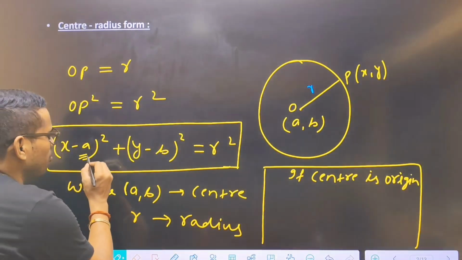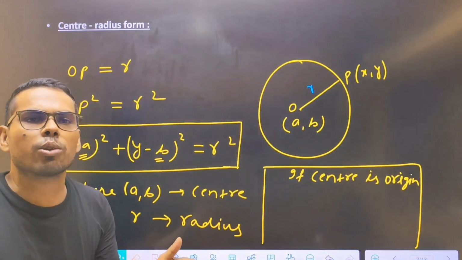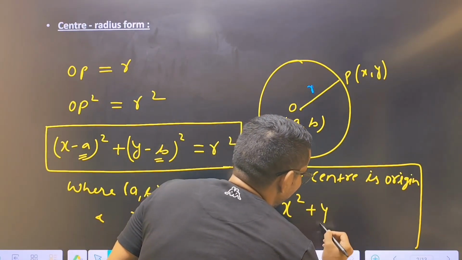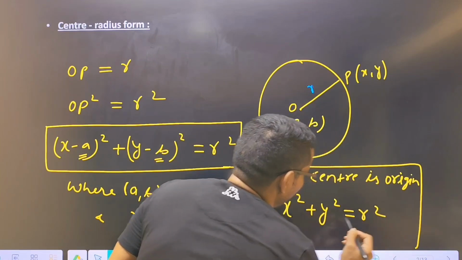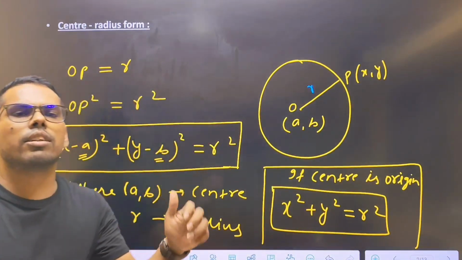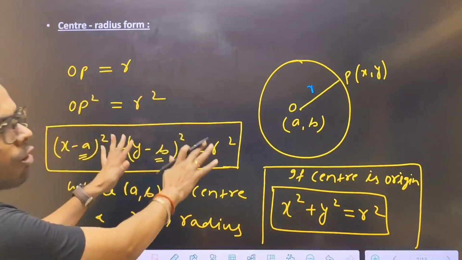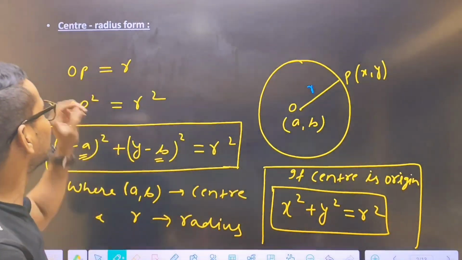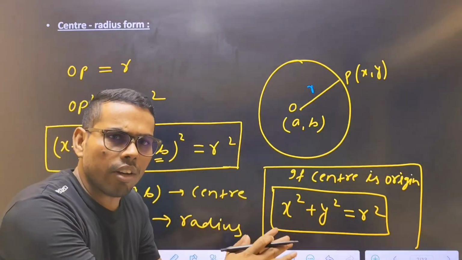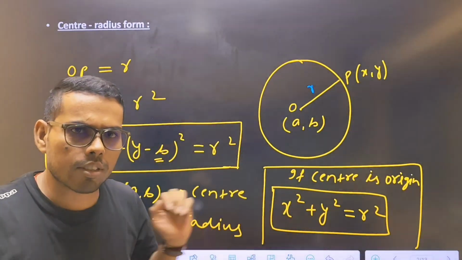It means A comma B is 0 comma 0, so the equation of the circle is x square plus y square is equal to r square. This is the center radius form when the center is the origin. So this is the first form of the equation of a circle, that is center radius form. It means center and radius are given, and you have to find the equation of the circle.